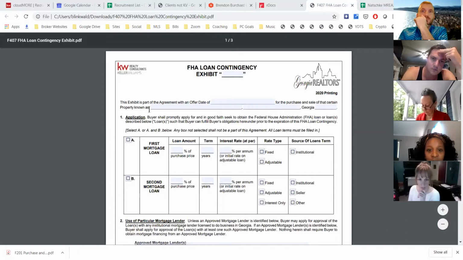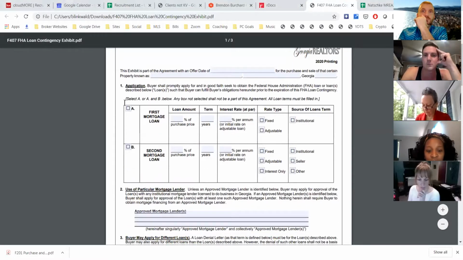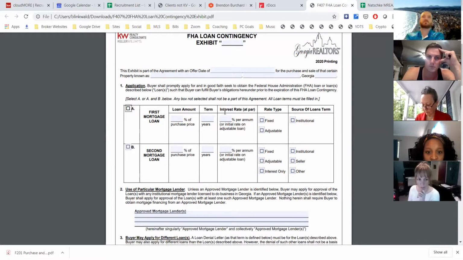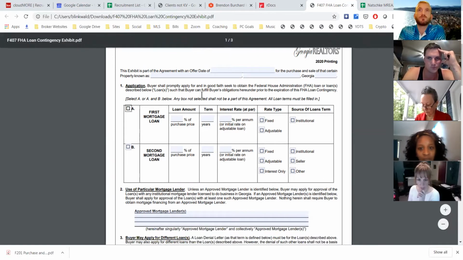You're going to put in the offer date and the property address at the top, okay? More often than not, they're going to get a first mortgage only, okay? For the loan amount for FHA, obviously you need to ask what the borrower was trying to accomplish here, but FHA allows you to do a minimum down payment of 3.5%.